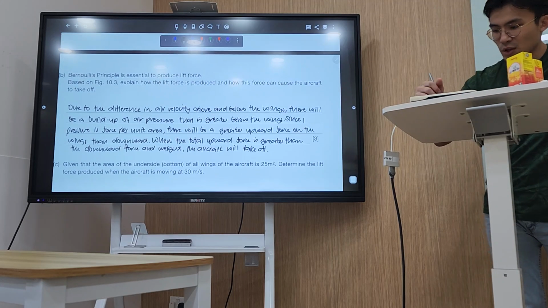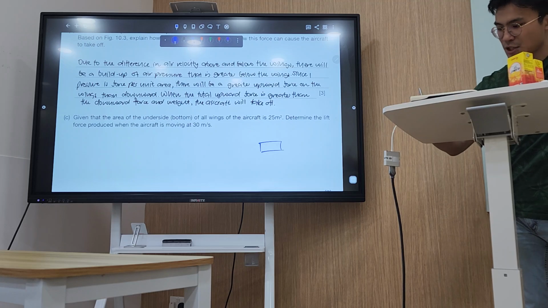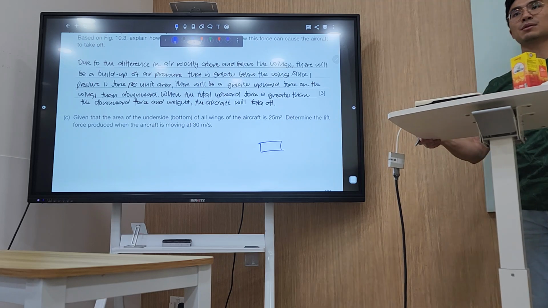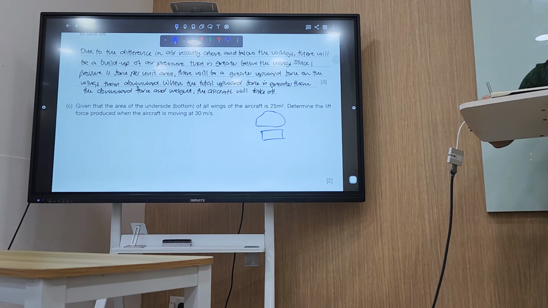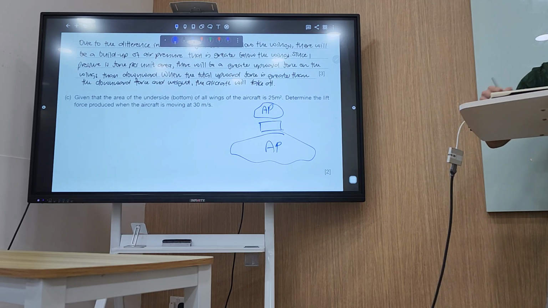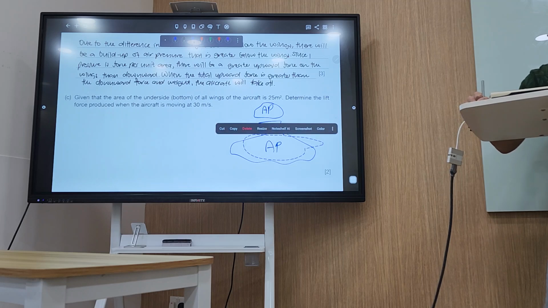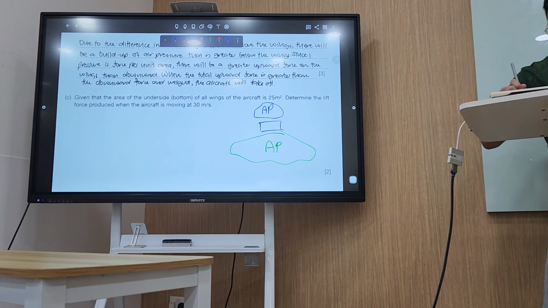Let me draw just a simple diagram of how the thing actually looks. So this is your plane. Imagine this box to be your plane. You have some air pressure here, but you have a lot of air pressure below, correct or not? Because the bottom air is moving slower. So this generates an upward force. Let me color code it. Green is good, so I will use green.